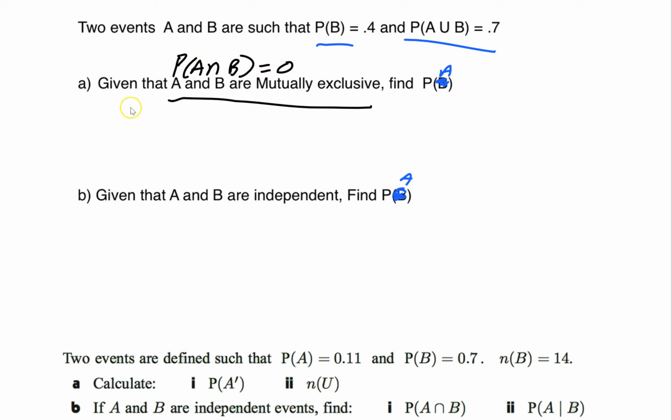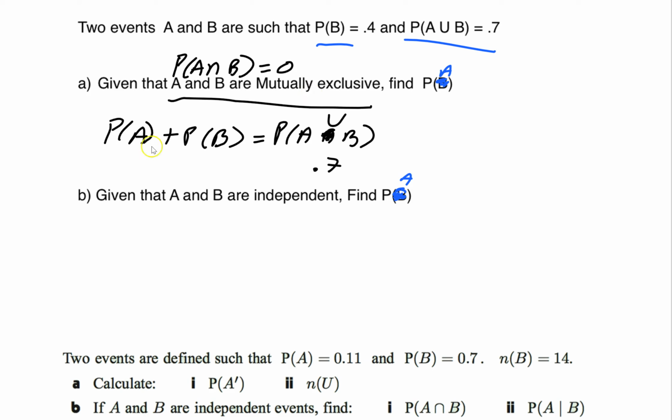So what I would do is use the formula we know. Or if you're looking at the formula sheet, you get this formula, which is just our favorite formula minus that. They don't have that because that's 0. So this is in your formula sheet. And look what happens. You have everything you need. A union B, 0.7.